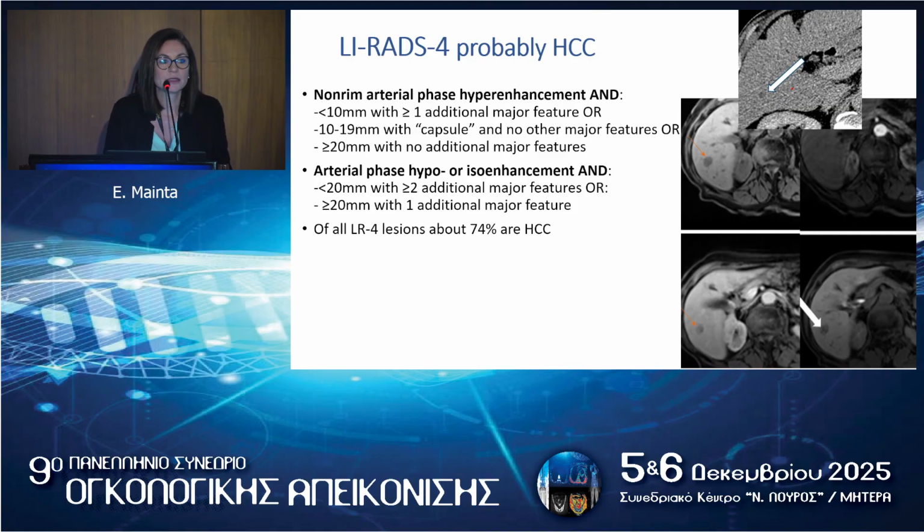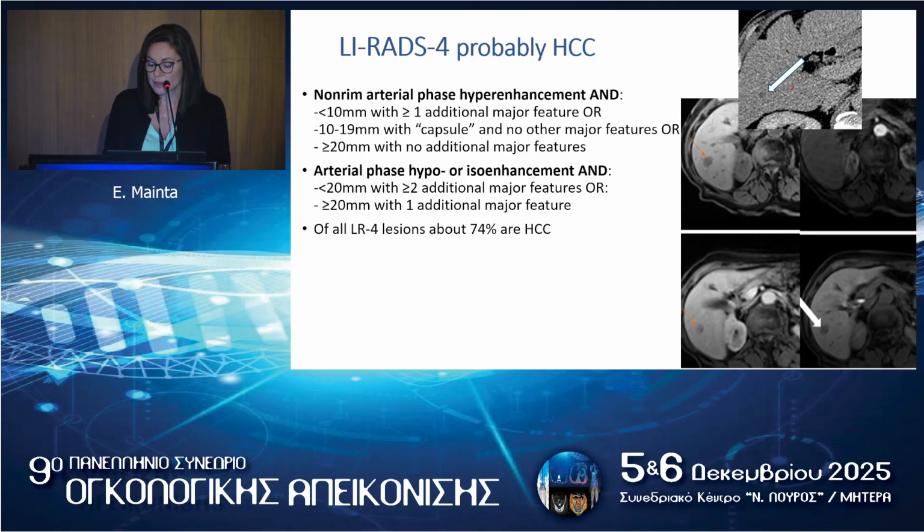And then arterial phase hypoenhancement or isoenhancement, and in sizes less than 20 millimeters with 2 or more additional major features, or in sizes equal to or larger than 20 millimeters with one additional major feature.